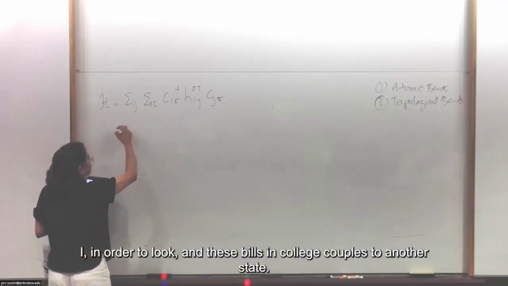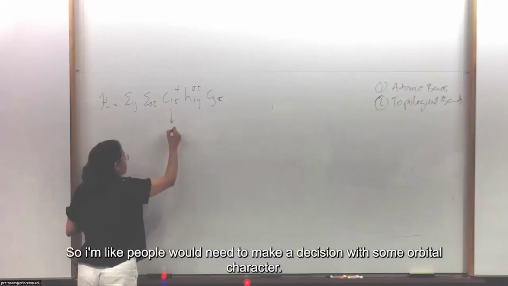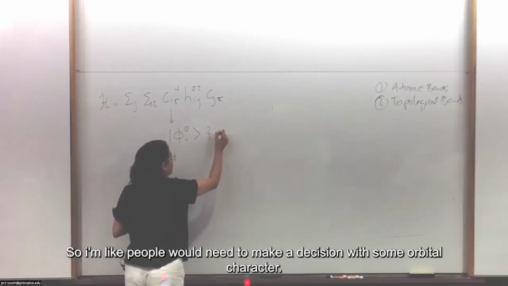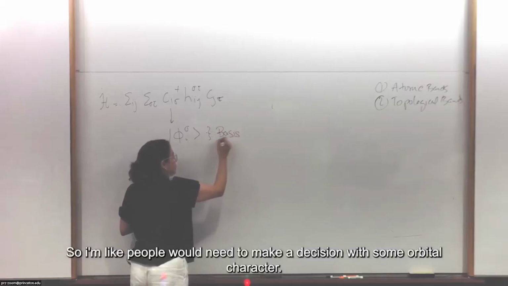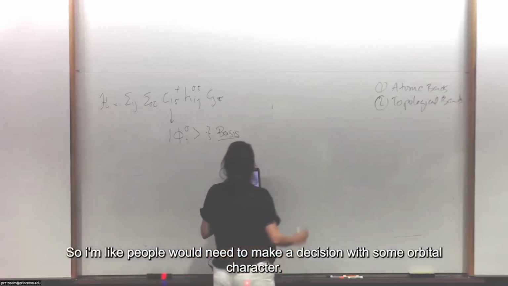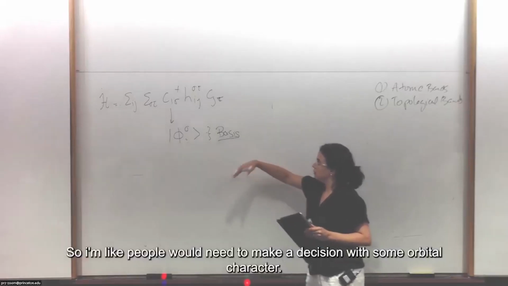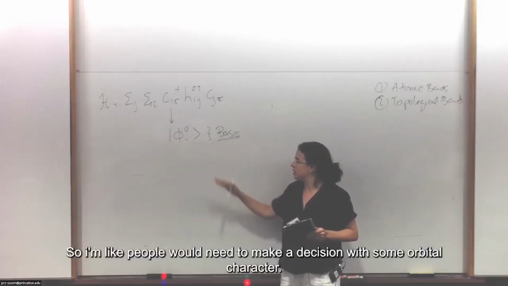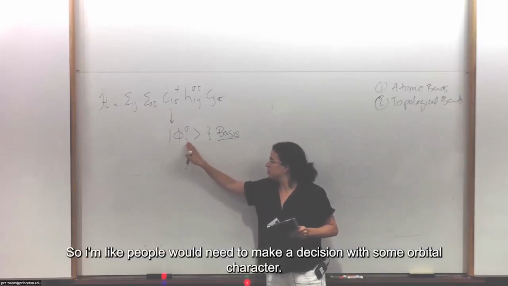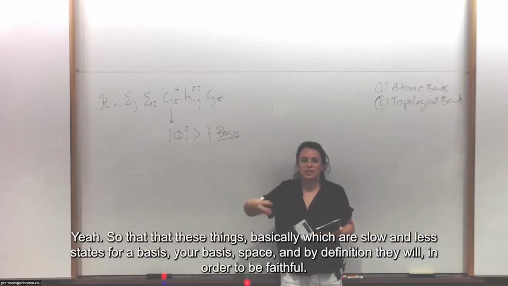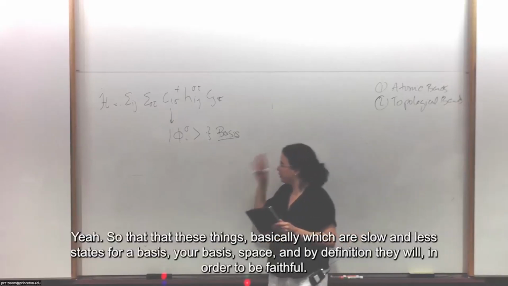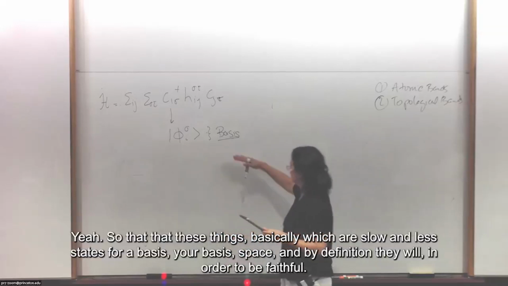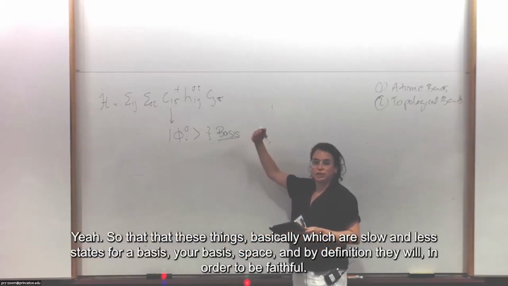So these localized states form a basis, and in order to be faithful basis states, it's really nice to think about Gaussian real space also because of all the symmetries I included almost by definition, right? So we build everything from the bottom up from our basis states. These need to be some set of states which are symmetric.